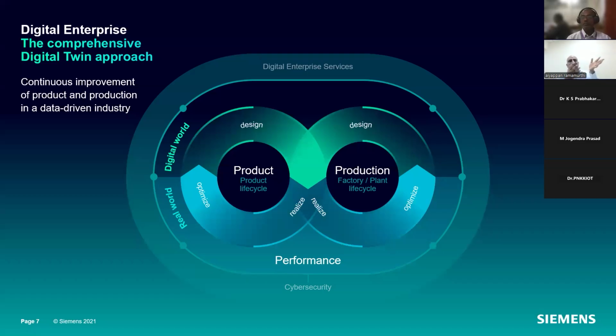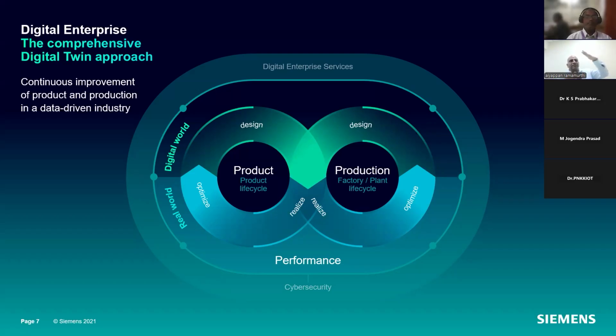So in this design, you're selecting the tools and fixtures and ensuring that the operation happens, and then you are doing the optimization phase. That is the production optimization from a production life cycle. So you have two twins: a product twin and a production twin. And in both aspects, you have design, realize, and optimize from the production side also.